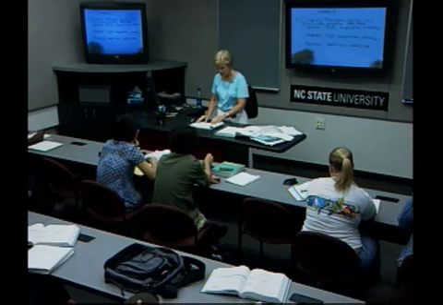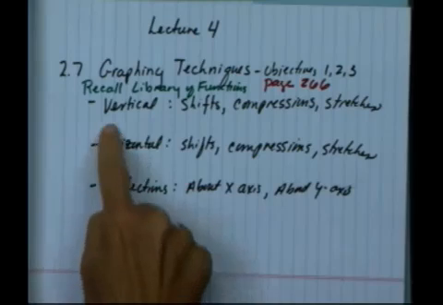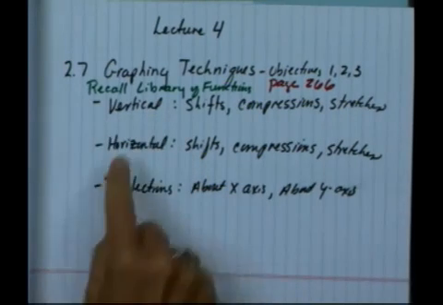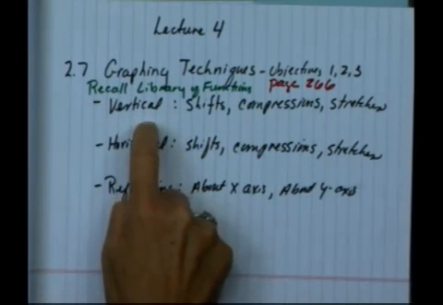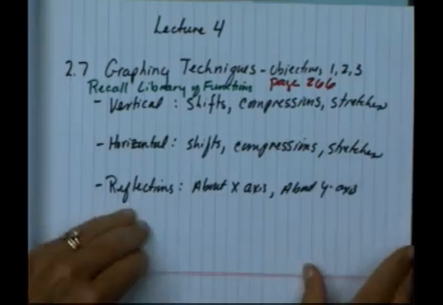So what we're going to do today is play. We're going to take those basic ones and shift, stretch, and compress them. Unlike the order in the book, we're going to do everything vertical first, and then come back and do horizontal. We're going to play with y equals x squared, starting with shifting.